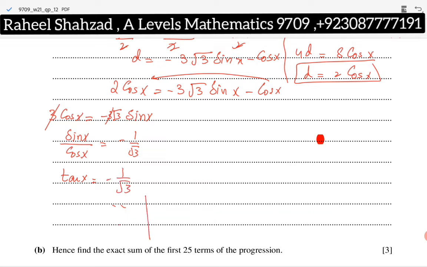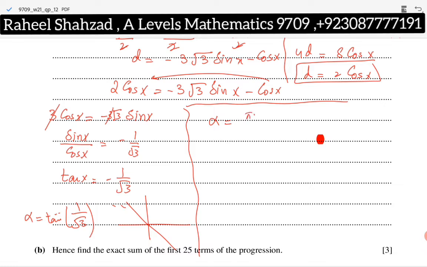Now we know that tan is negative in the second and fourth quadrant. So for the basic angle we have tan inverse of 1 divided by under root 3. So from here your basic angle alpha is going to be pi by 6, I guess. Okay.